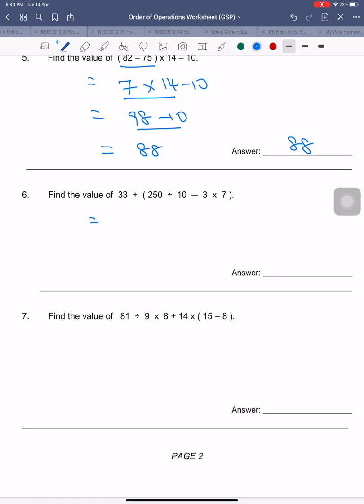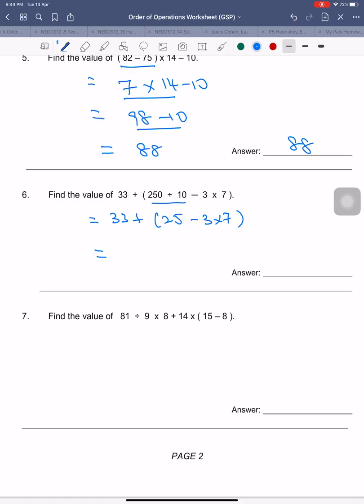Question 6, there's a bracket, so we will do the bracket. 250 divided by 10, because we do left to right, so that will be 25 minus 3 times 7. So you have multiplication and subtraction.